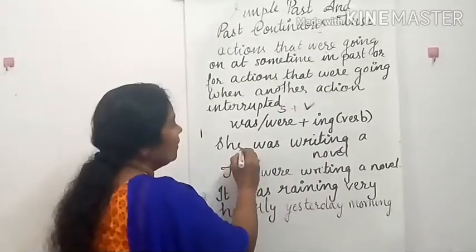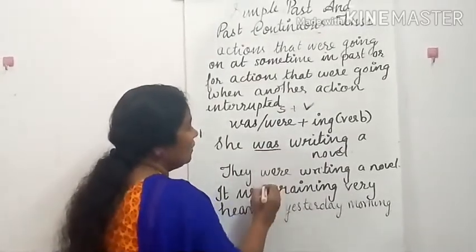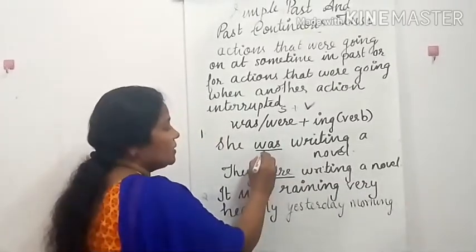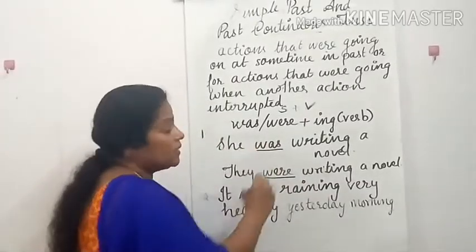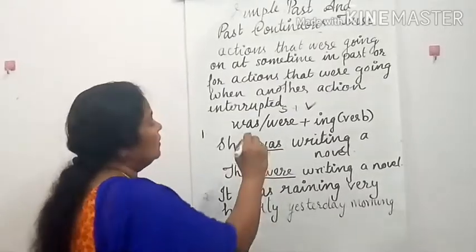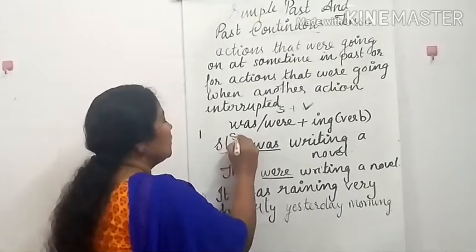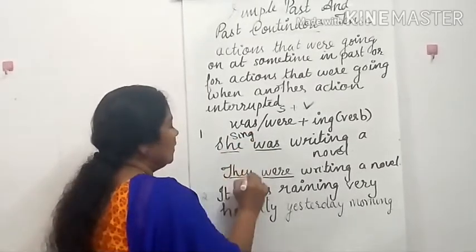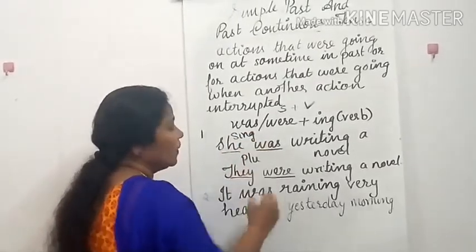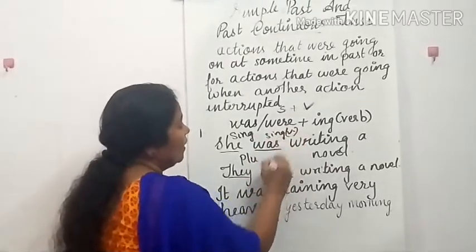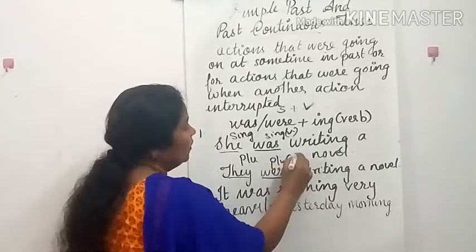See here, was is there. They were writing a novel. Were is there. And this is depending on the subject. Here, in this case, the verb depends upon the subject. So, she is singular and they is plural. So, here we have a singular verb and here we have a plural verb.